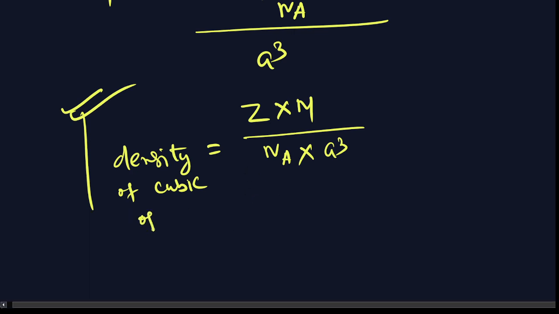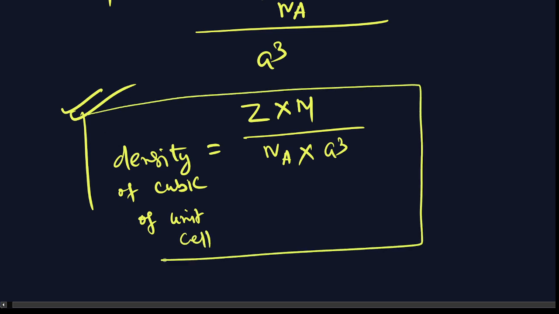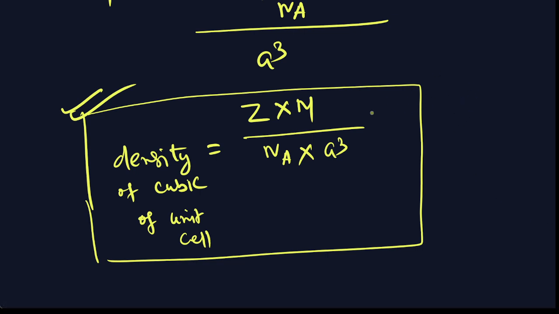Density of a cubic unit cell is Z into M upon Na into a cubed. You can also remember this as Z M upon Na a cubed. Okay, so this is the density of a cubic unit cell.